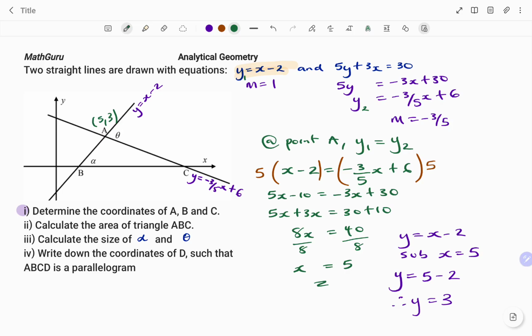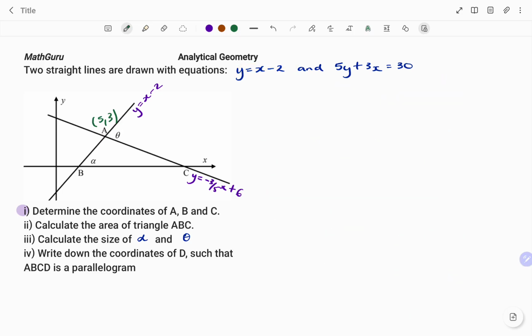Moving to B, at point B, note that the straight line is passing through the x-axis. So we have an x-intercept, and at the x-intercept, the value of y is 0.